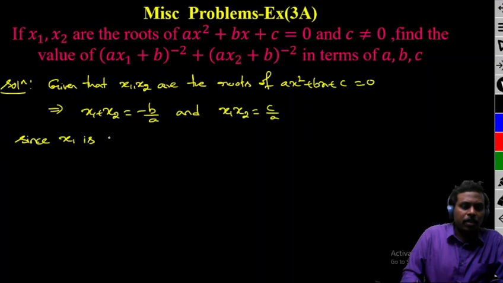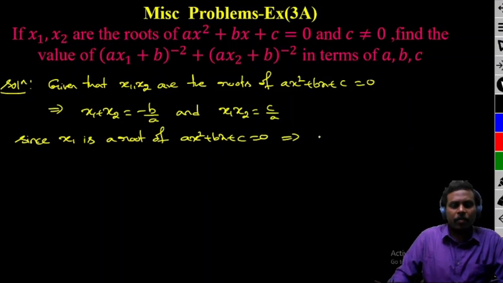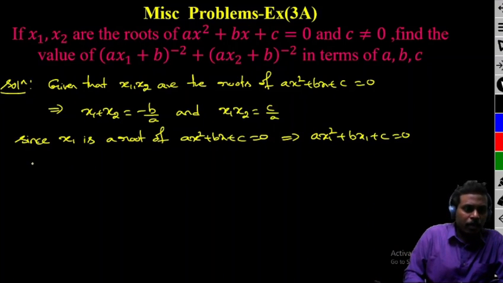Since x1 is a root of ax square plus bx plus c is equal to 0, by definition it has to satisfy that equation: a x1 square plus b x1 plus c is equal to 0.